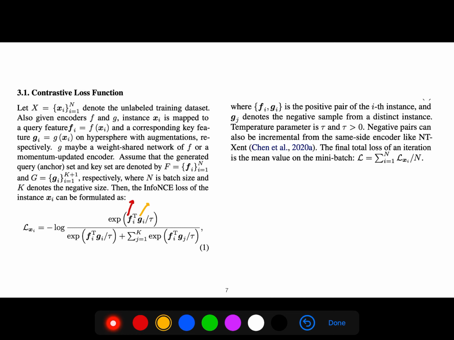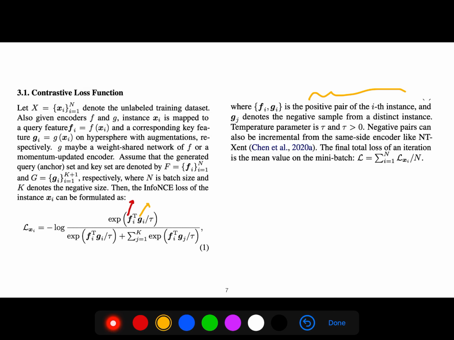Then the InfoNCE loss of the instance x_i can be formulated like this, where f_i, g_i is the positive pair of the instance, and g_j denotes a negative sample from a distinct instance. The temperature parameter is tau.